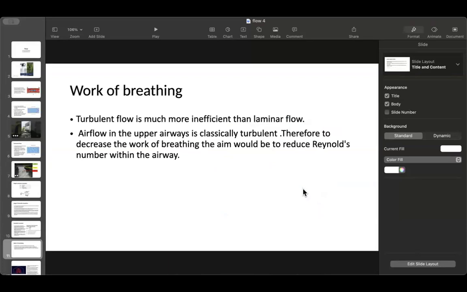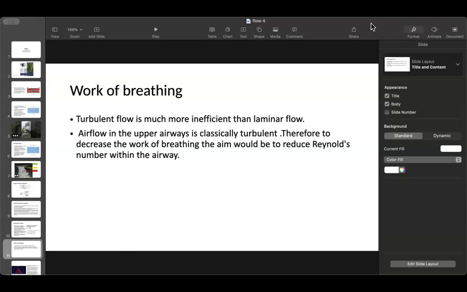Another place where flow is important is understanding the work of breathing. Turbulent flow is much more inefficient in comparison to laminar flow. For airflow from the nose, going through the upper airway down to the bronchioles, the flow through the upper airway is a classical turbulent flow.